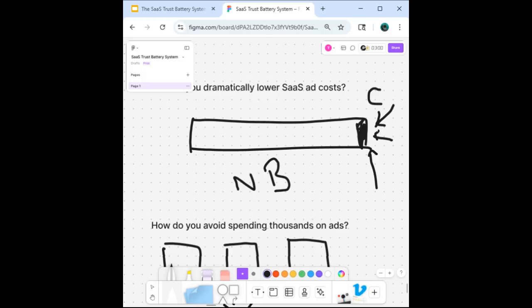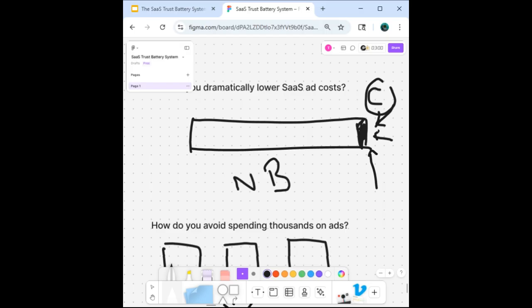So, the reason why your ad costs are so high and how you can lower them is because right now you're probably focusing specifically on the 2% of customers right here who are actively buying things. And that's not going to work for you because you're competing against thousands of other SaaS companies who are looking for those 2% of customers who are willing to buy things right now.